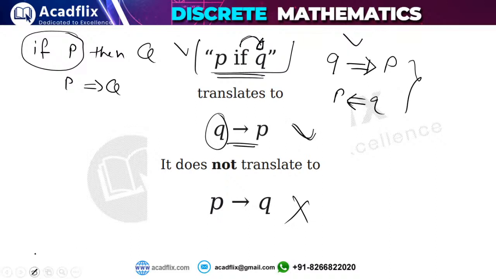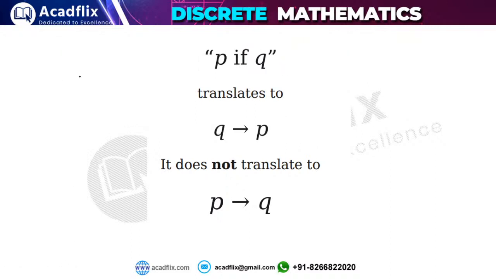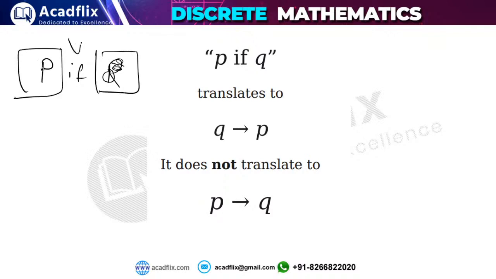Or maybe if you want to remember it, then you can remember it like this. Whenever you have a conditional statement like this, you write P if Q. Remember, this if must come in between. So basically you have a P, you have a Q, and in the middle you have if.